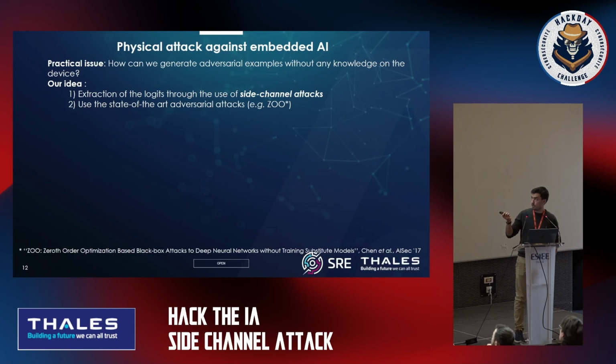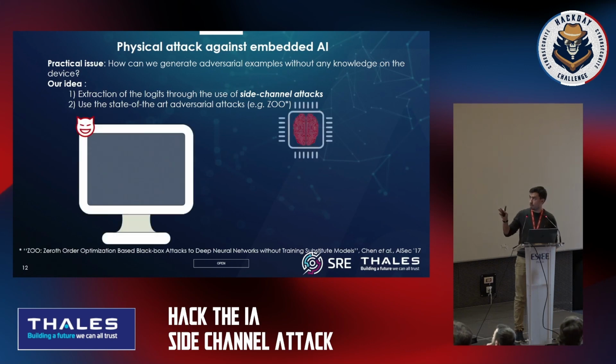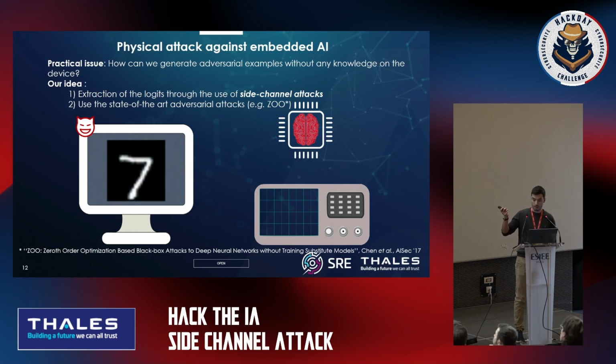To conduct this attack, we need three components. The first one is obviously a personal computer in order to interact with the embedded system. And then we use an oscilloscope in order to conduct our side-channel attack. But before that, maybe for those who are not aware of what side-channel attacks are, the goal of this kind of attack consists in analyzing the physical properties of a system, for example its power consumption or its electromagnetic emanation, such that based on this information, we want to correlate the sensitive data with the physical signal.